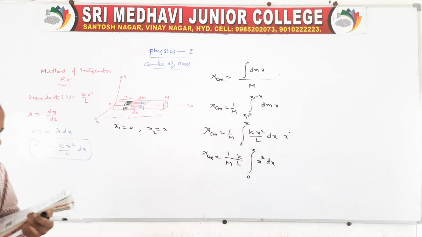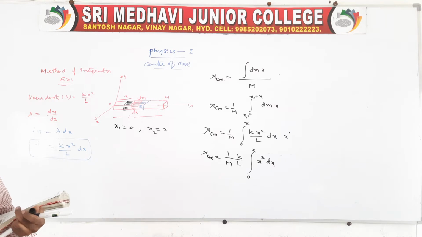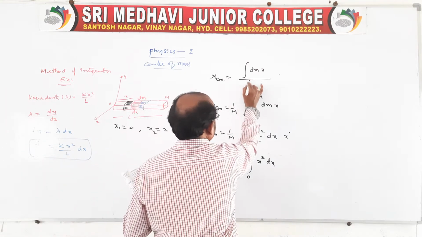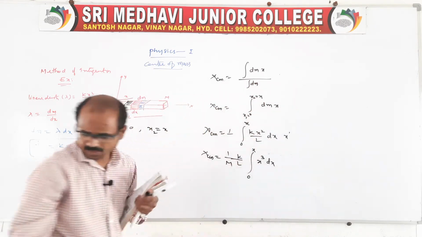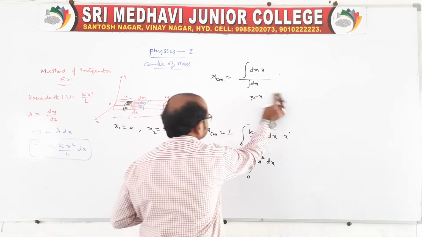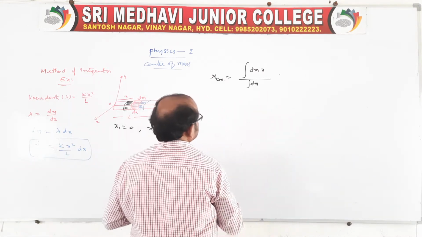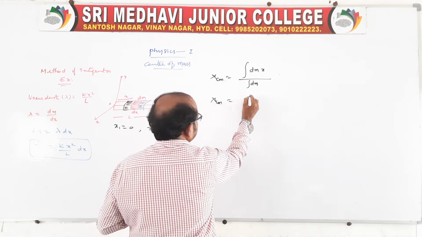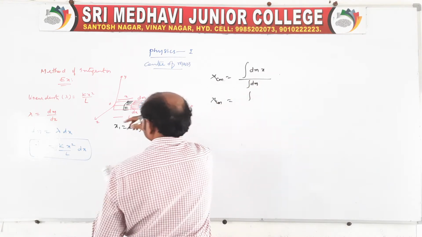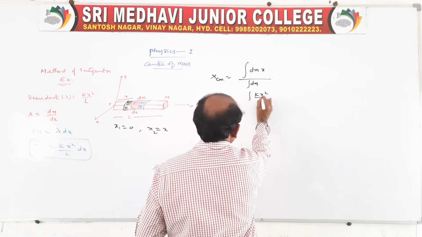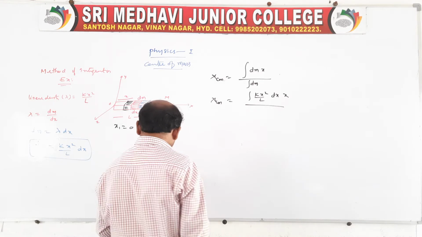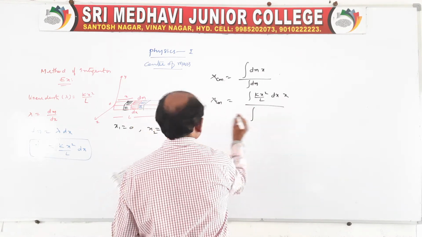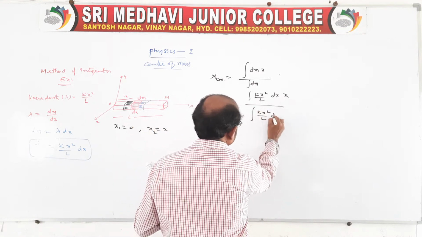Now we should apply the integration method here, because here we should take dm also in place of capital M. Better you take it like this, because the mass is dm. So xcm is equal to integral of kx square by L into dx into x, divided by dm, which is the same, kx square by L into dx.